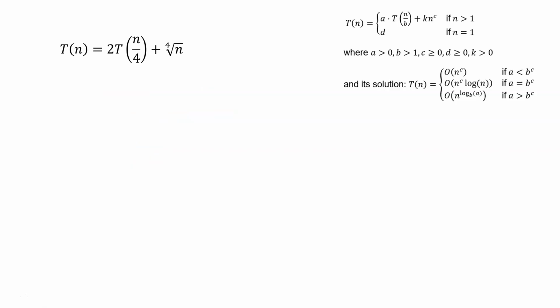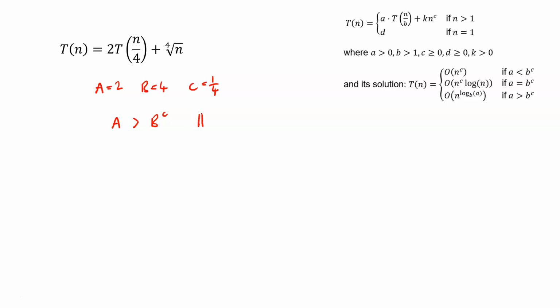Last one. It's a bit of a funny additional function there, isn't it? So A equals 2, B equals 4, C equals a quarter, because it's n to the power of a quarter. So once again, we have A is greater than B to the power of C. You can check on the calculator if you're not entirely sure.